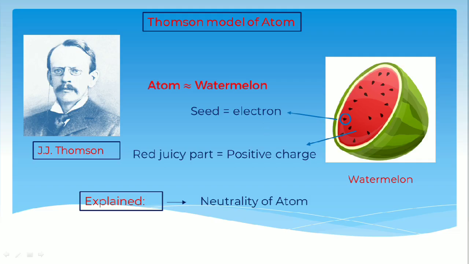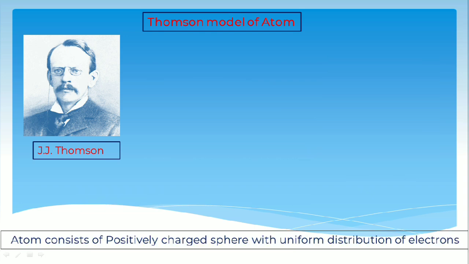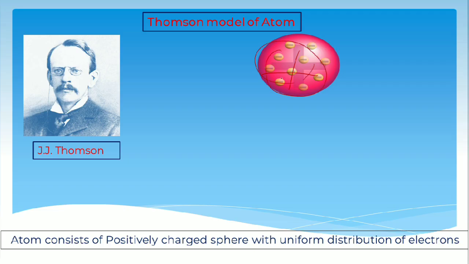If positive charge is spread throughout the atom, what will happen when fast moving particles pass through it? I'll repeat my question. When this positive charge is spread throughout the atom, what will happen when fast moving particles pass through it?